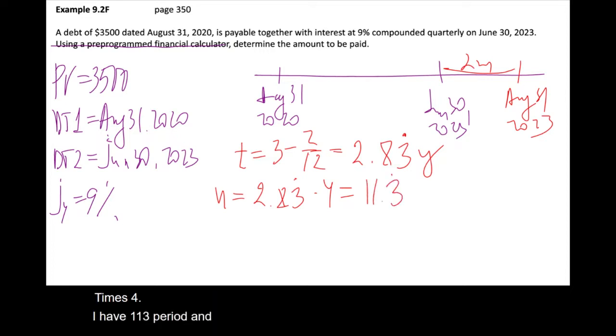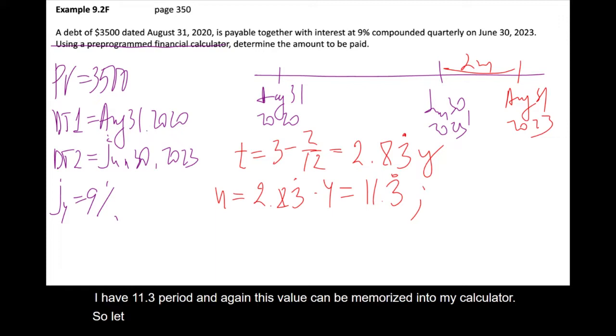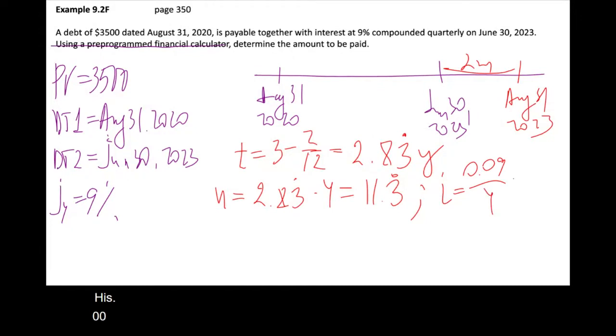And again, this value can be memorized in my calculator. So let me find i: 0.09 over 4. What is it? 0.0225.